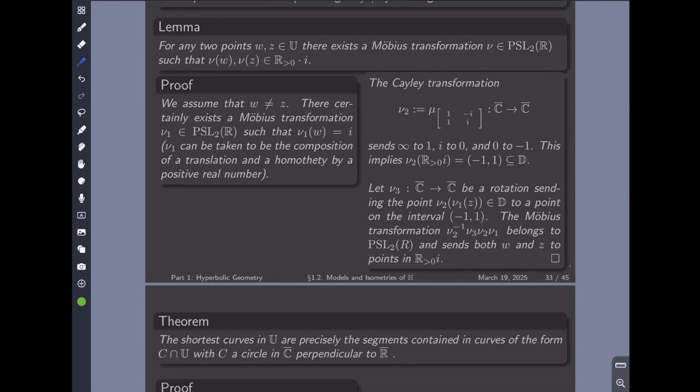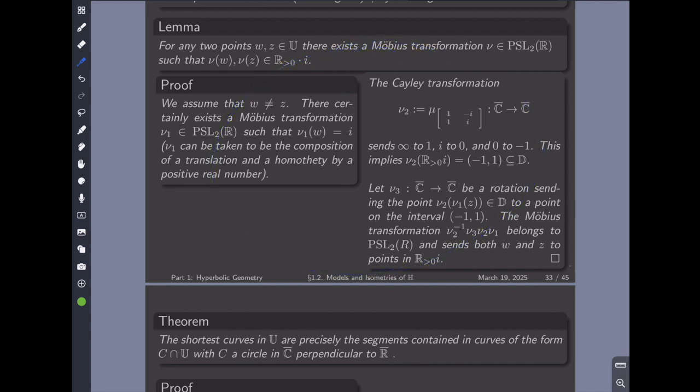So I need to rotate it, preserving U bijectively. The easiest way is to just go to the Poincaré disk, because this goes to 0, and there the usual rotations preserve the Poincaré disk bijectively, obviously. So I can place my point up to rotation in whatever axis I want. So just place it appropriately, so that when you come back, it's on the positive imaginary axis. Done. So that's what is written here.